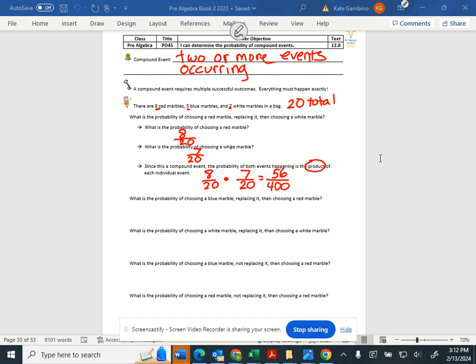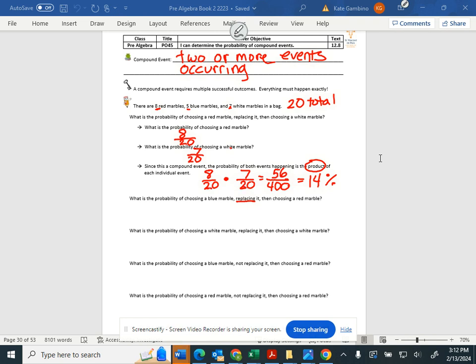So I'm going to take that probability, 56 over 400, and I'm going to find my percentage. So 56 divided by 400, and that gives me a 14% probability. So remember, if you are replacing something, you're going to keep the same total number.